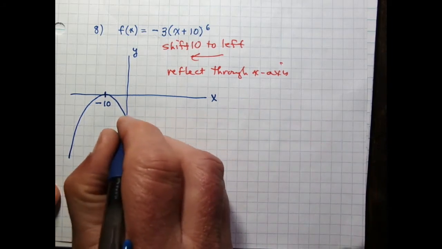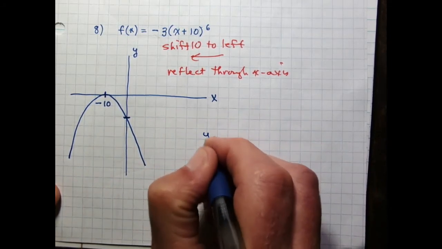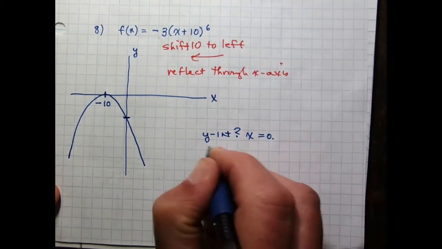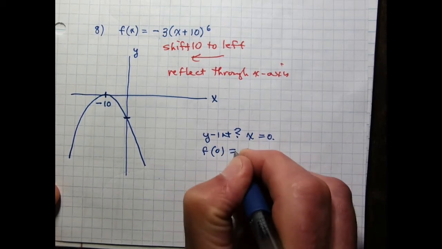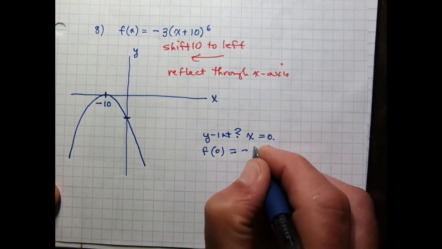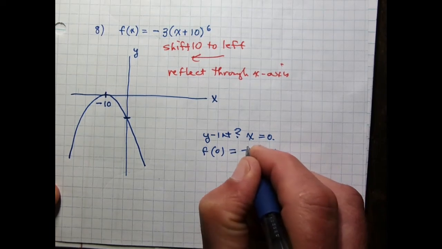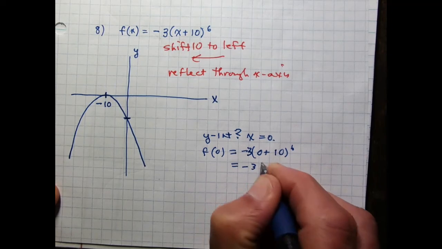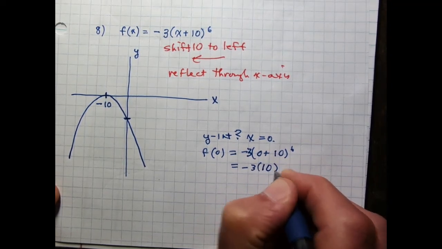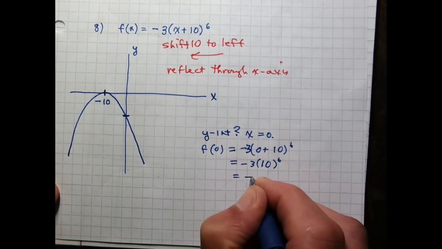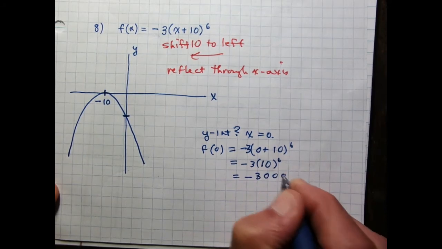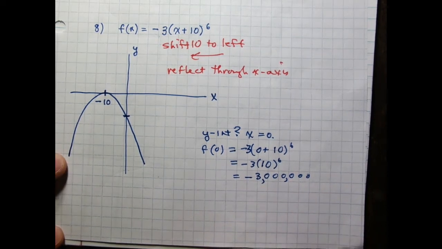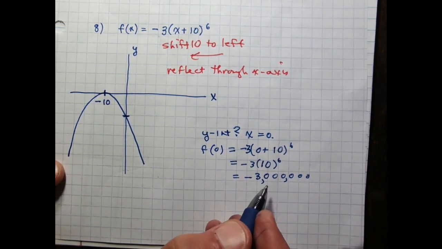And the y-intercept: set x equal to 0. f of 0 here is -3 times 0 plus 10 to the 6th. That's -3 times 10 to the 6th. That's going to be -3 followed by 6 zeros. That's -3 million.